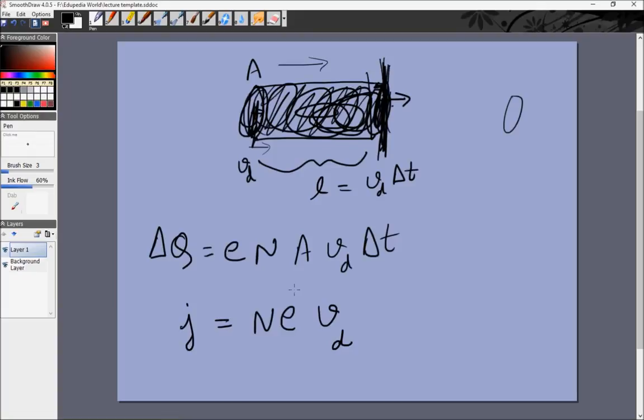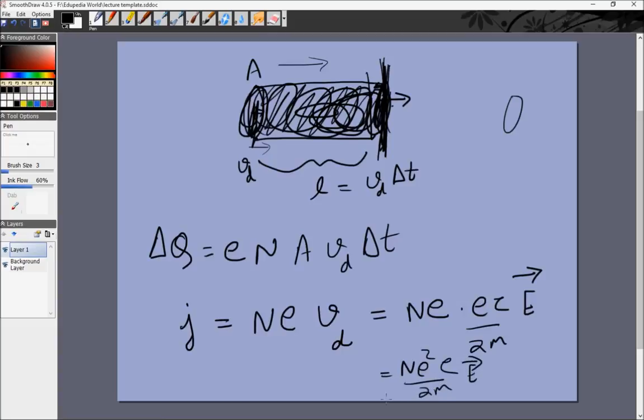Now if we put the value of Vd from the previous result, what we'll be left with is J is equal to Ne times Vd, where Vd will be e tau by 2m times the electric field E, which will give me Ne square tau by 2m E. Wait, this is tau.